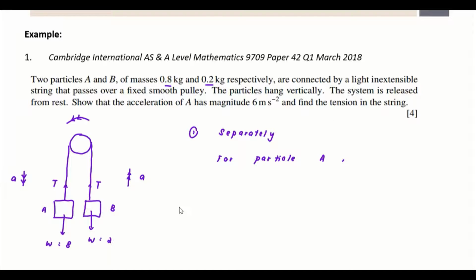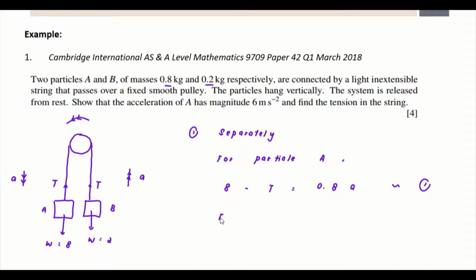The force in the positive direction is the weight here. So weight minus the tension will be equal to ma. The mass involved here is 0.8, then the acceleration is a. Okay, so that settles our first equation, by using net force equals ma.